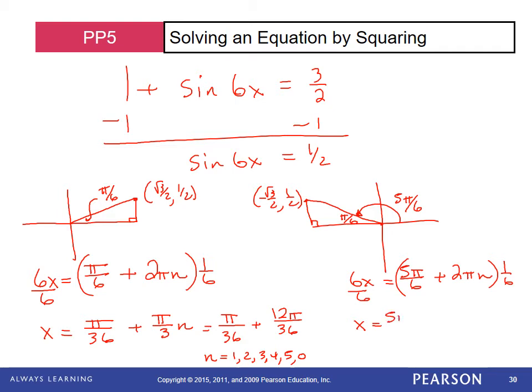So this is 5 pi over 36 plus pi over 3 n, and eventually becomes 5 pi over 36 plus 12 pi over 36 n. Oh, sorry. There it is. And again, n is equal to 0, 1, 2, 3, 4, and 5. Are we good there?